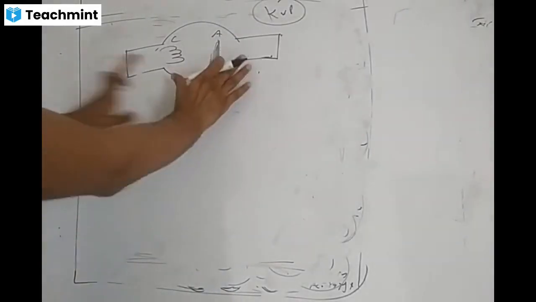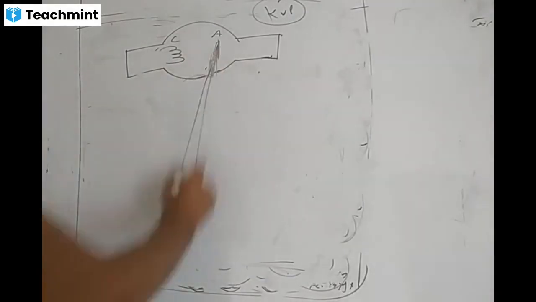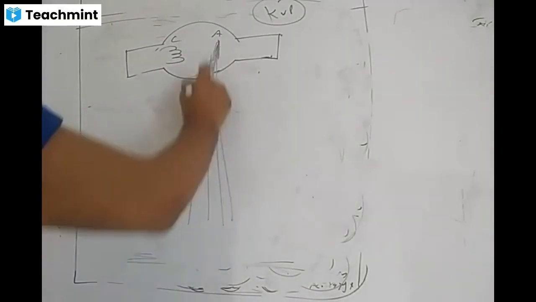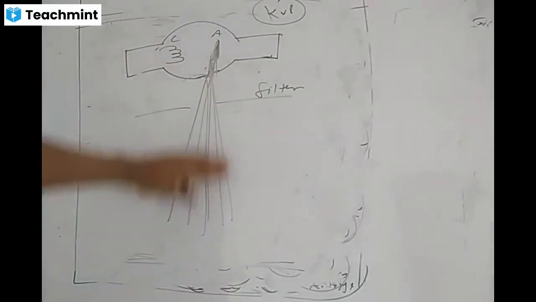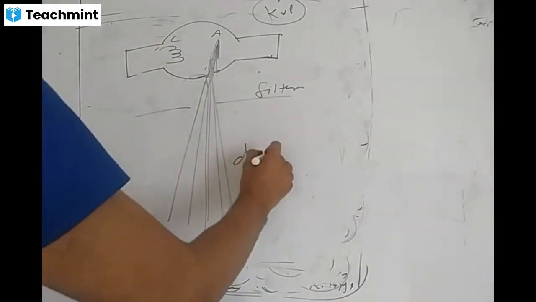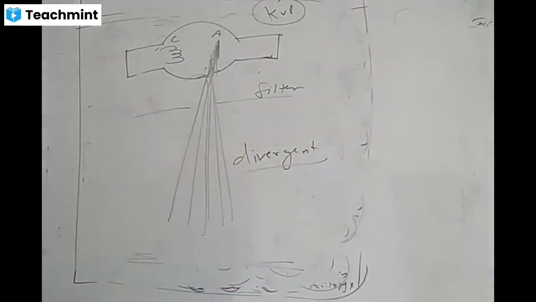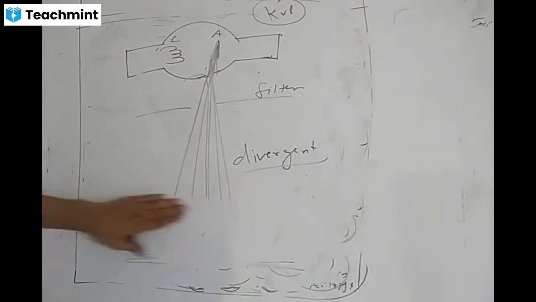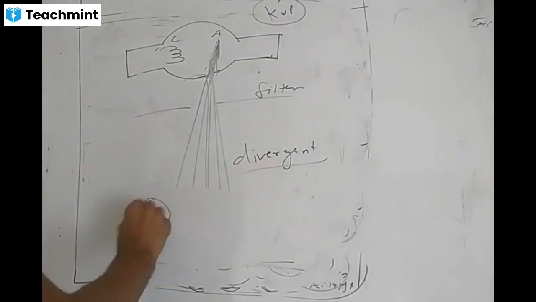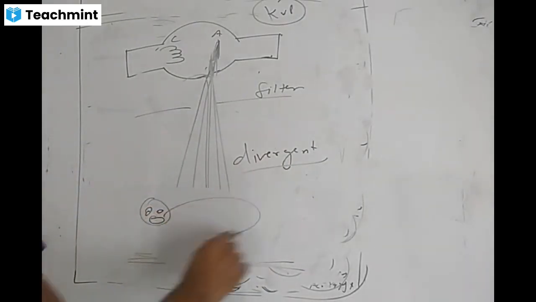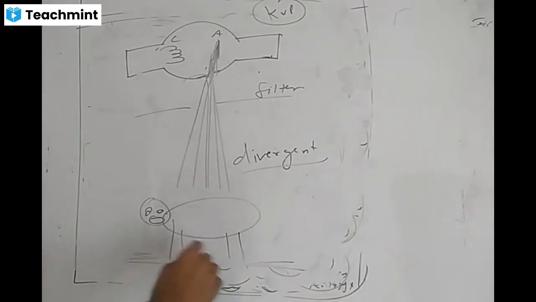Not only the filter. This is your X-ray tube, and we have applied the filter. It's okay that we have applied this filter, but this beam is divergent. Suppose this is your animal, and this is the portion of the thoracic cavity.